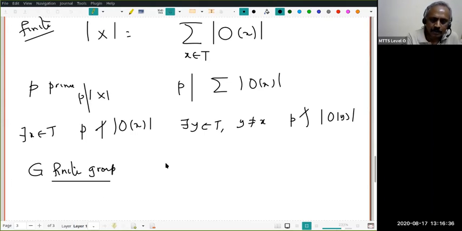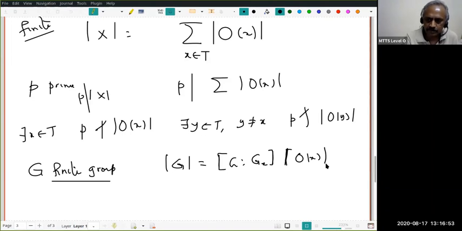I know mod G equals the index of Gx, the stabilizer subgroup, times the orbit of X, the number of elements in the orbit of X. Is that clear? This we have seen by the one-to-one correspondence earlier.